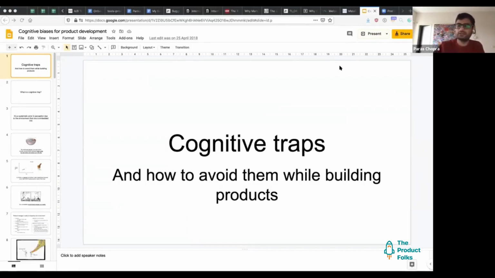If I were to define it, I would say a cognitive trap is a systematic error in perception due to the environment that one is embedded into. Think of it this way: you are embedded in a particular environment. Sometimes we feel that intelligence will help us do the right actions and pick the right choices.